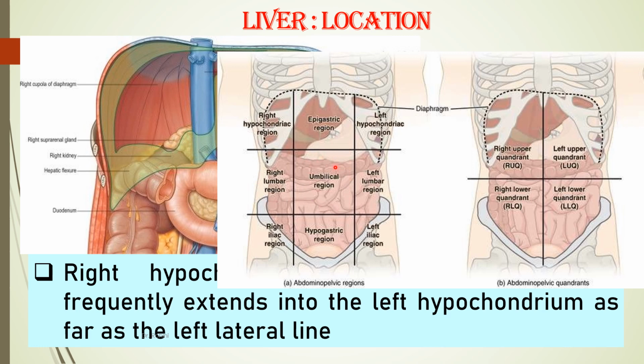Whenever you are naming these 9 quadrants, you should start from any one point and go in a clockwise or anti-clockwise direction. So the liver occupies the right hypochondrium, epigastrium, a little part of the left lobe towards the left hypochondrium, and a small part into the right lumbar and umbilical region. The major part is in the epigastrium and right hypochondriac region.